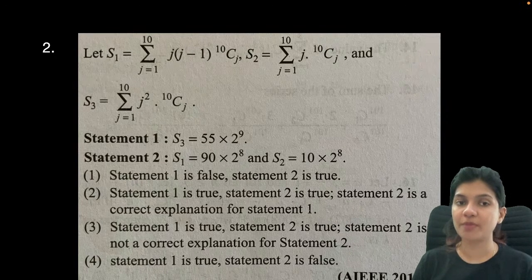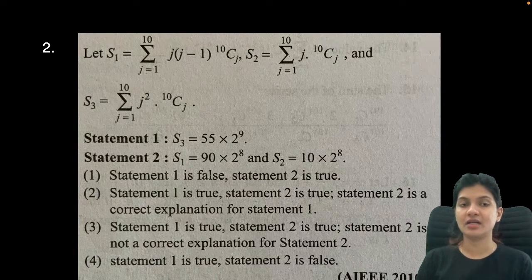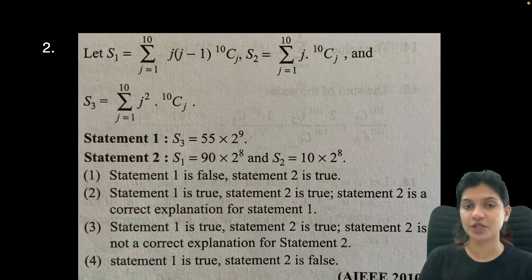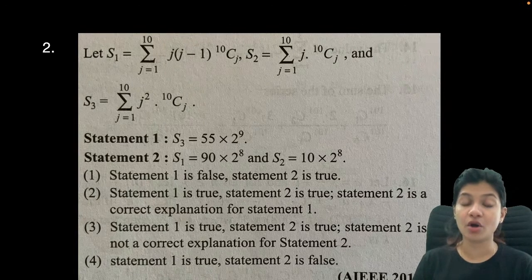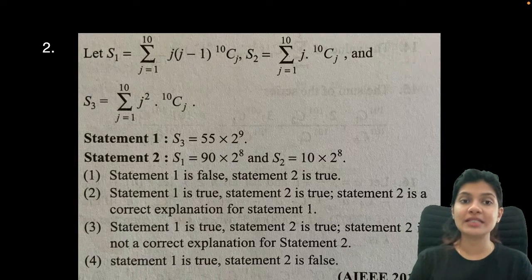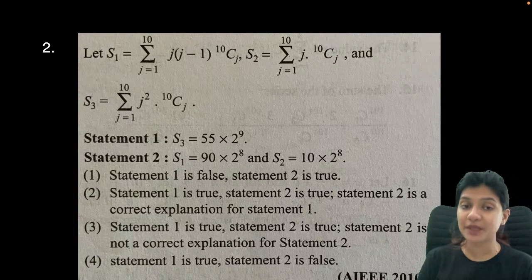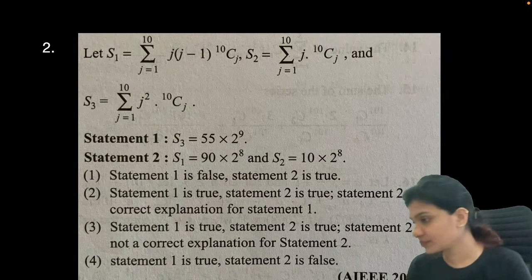Which among the four options is correct? Option 1: statement 1 is false and statement 2 is true. Option 2: statement 1 is true, statement 2 is also true, and statement 2 is the correct explanation for statement 1.